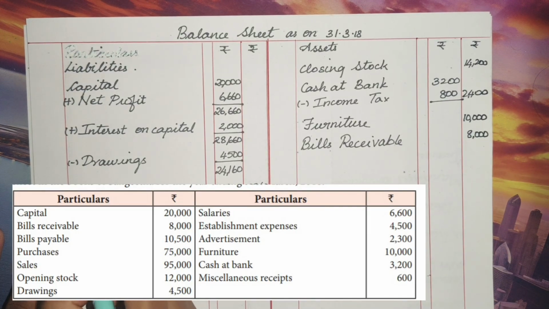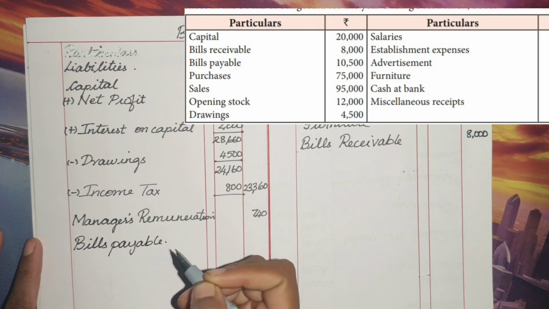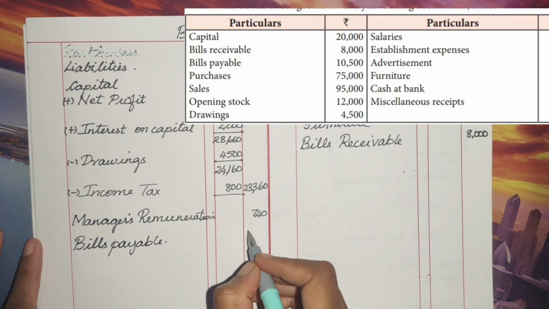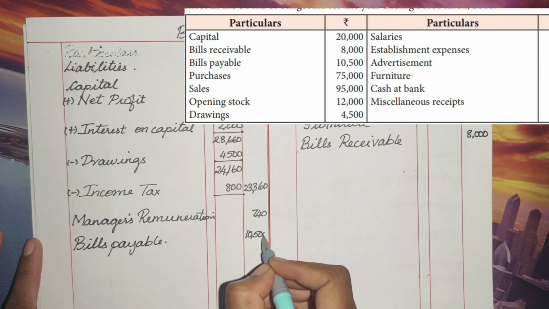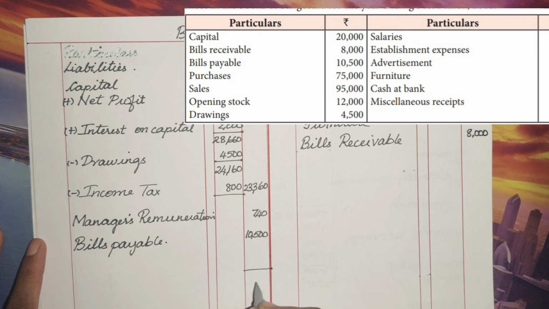And here in the credit side we have bills payable, which is a non-adjusting item. So bills payable on the credit side. Put the amount in the outer column. With that, all the items are over.